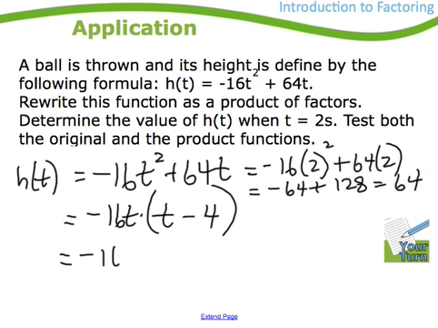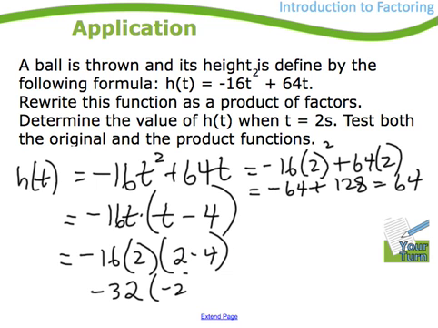So minus 16 times 2 times 2 minus 4. Interesting. So minus 16 times 2 is a minus 32. 2 take away 4 is a minus 2. Minus 32 times minus 2 gives me a positive 64.